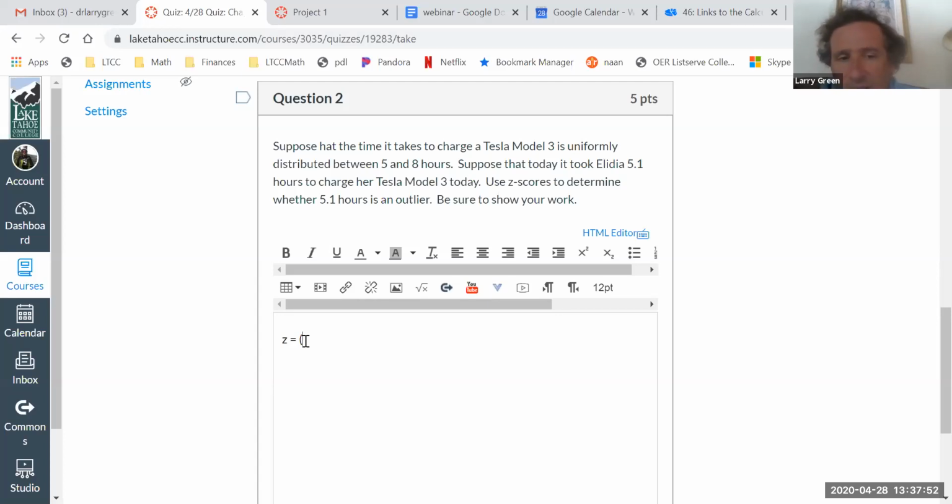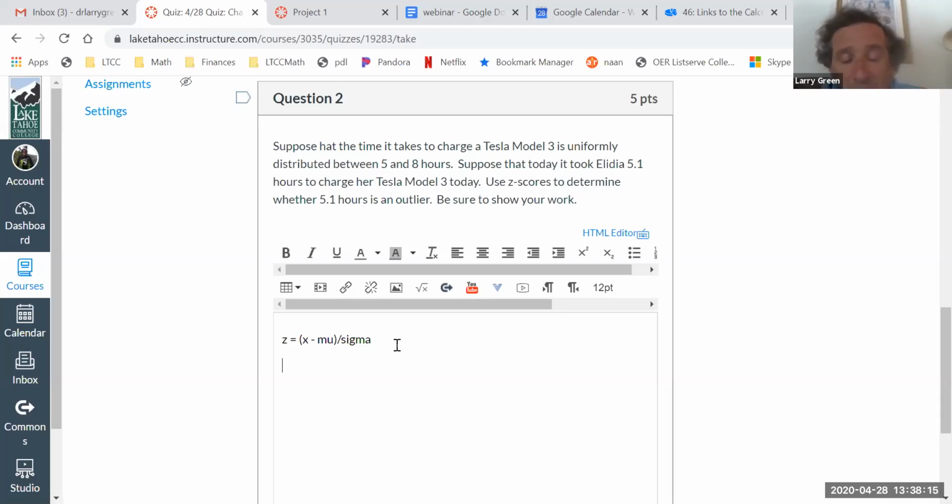Okay. So that's going to be x minus mu divided by sigma. Any questions on the formula for the z-score? Okay, that was given, that was a chapter 2 formula, but we've used it a bunch of times. So you want to know that one.